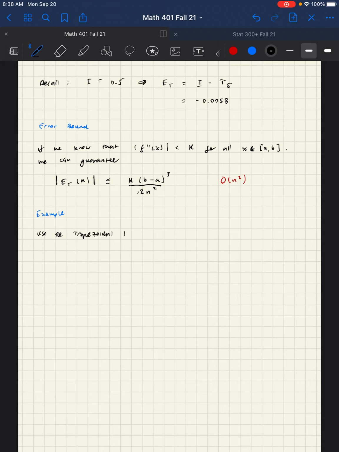As an example of how we can use this information, we're going to use the trapezoidal rule to estimate an integral that we don't know.